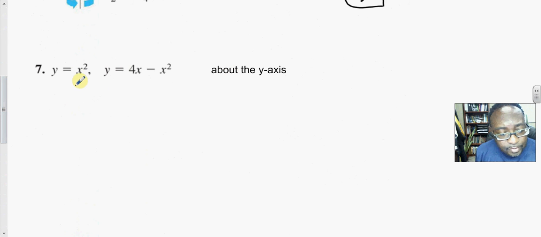We need to graph these two. I think we've seen them before in the previous section. So this is the parabola going upward. This is the parabola going downward. And for this one, it has x-intercepts at 0 and 4.